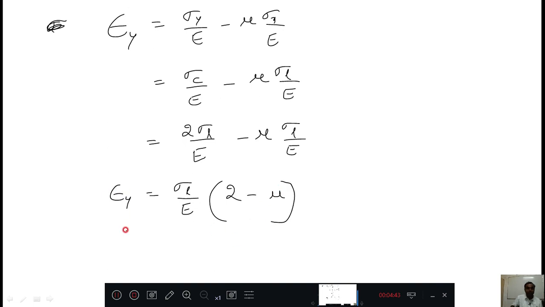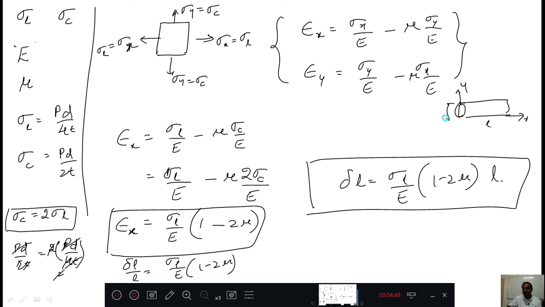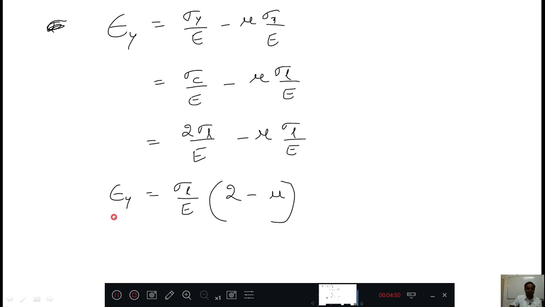This is your epsilon y. In the y direction we have the diameter, therefore change in diameter divided by original diameter is equal to sigma L by E into 2 minus mu.